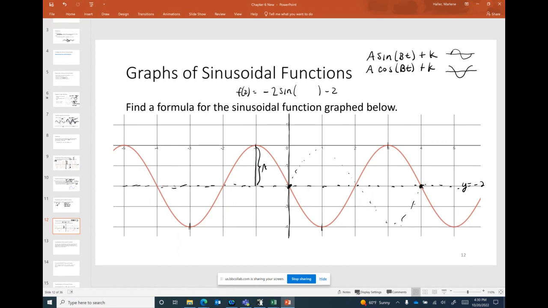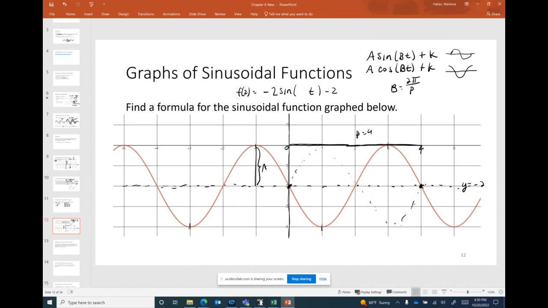times the sine of. Now, we need to find out what b is. So our input variable is t. What is b? By definition, b is 2 pi over the period. So what's that period? It goes from here to here, starts at 0, ends at 4. So it looks like the period is 4. See that?